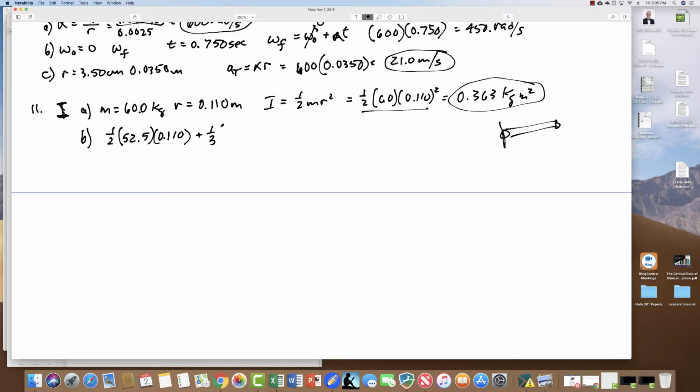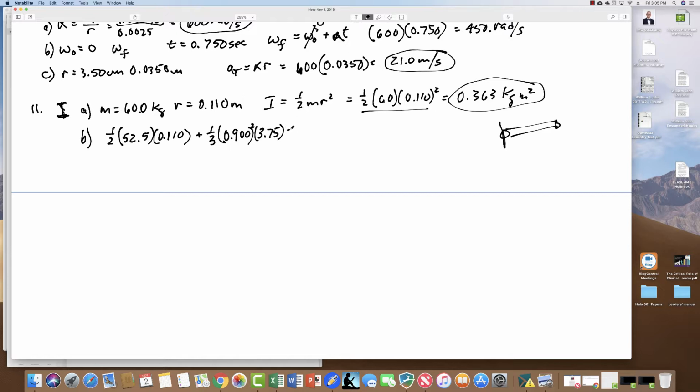1/3, and the mass of these arms is 0.900, and the radius is 3.75. I'm sorry, 0.900 squared, and the mass is 0.375. Got those backwards.